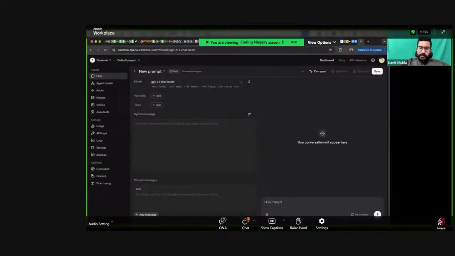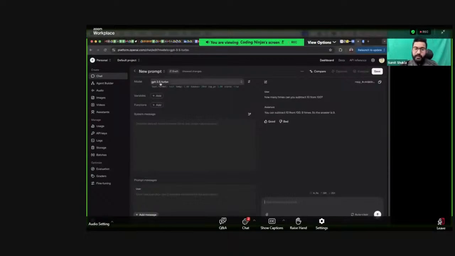How many times can you subtract 10 from 100? You can see it is answering once. After you subtract, it is no longer 100. Can you see it is able to answer this question correctly? So this one is the latest model GPT-5 and this one is the oldest model GPT 3.5.